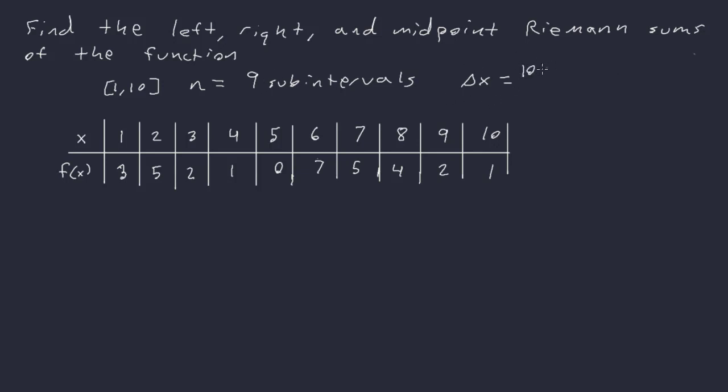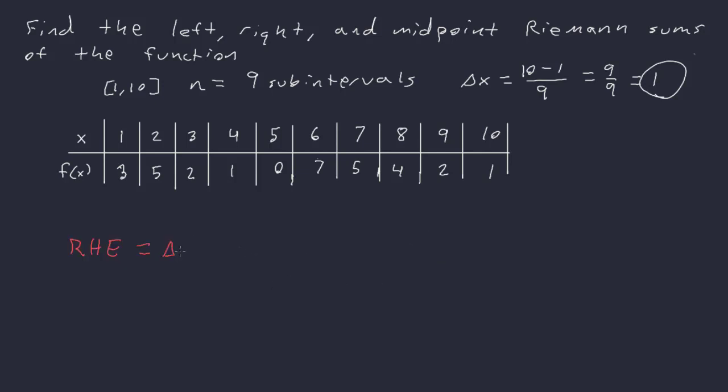So again, our delta x will be 10 minus 1 all over 9. 9 over 9, so the length of our intervals is 1. So we'll be using every one of these pieces on the table, 1, 2, 3, 4, 5, 6, 7, 8, 9, 10, and that's going to give us 9 equal subintervals.